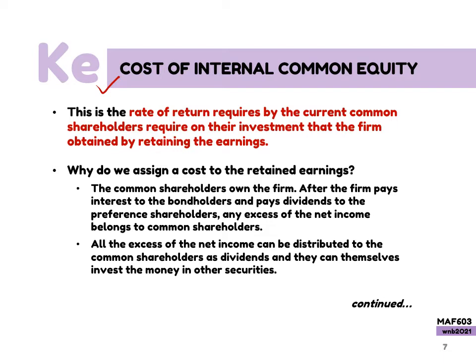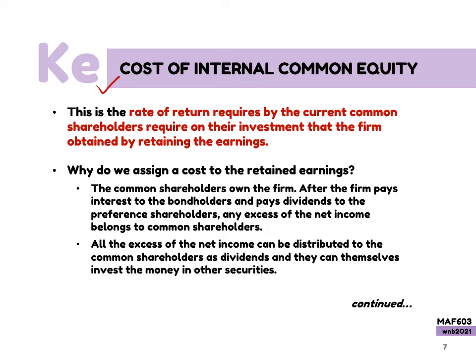You have to remember that the common shareholders are the owners of the firm. So the company's profit should belong to them as well. However, this group of shareholders, the common shareholders, do not have any right to determine how much exactly of the profit will be distributed to them.